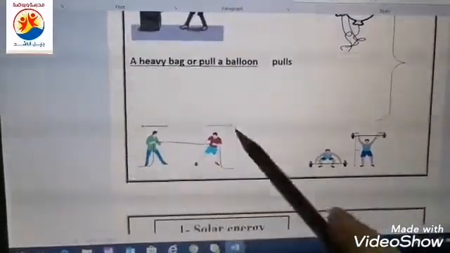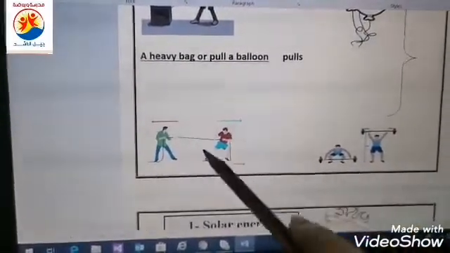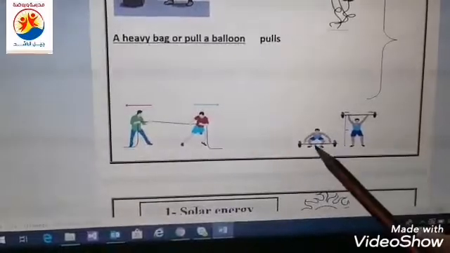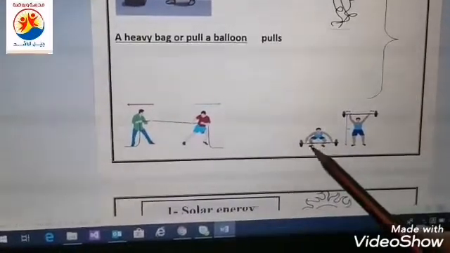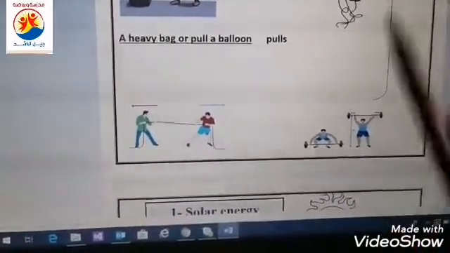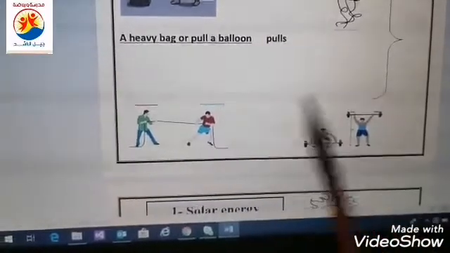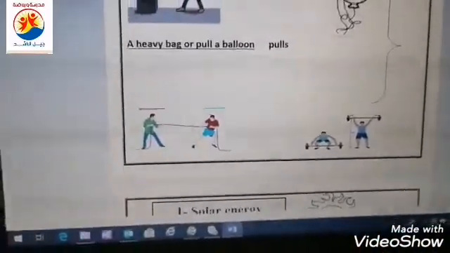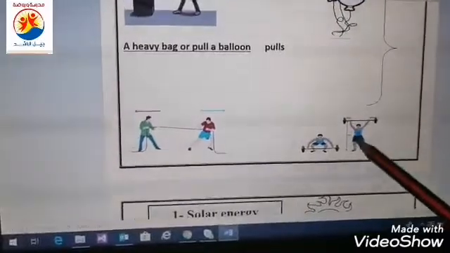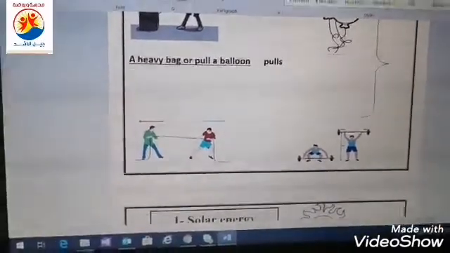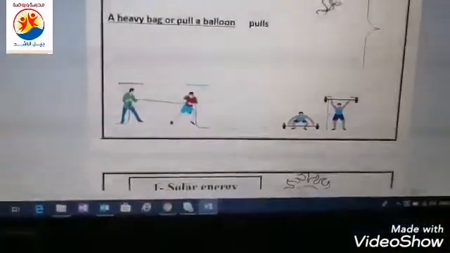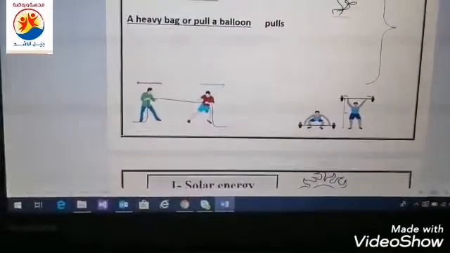So this one pulls, and here we pull it to catch it very well, then push it up. So this is pull and push, right?